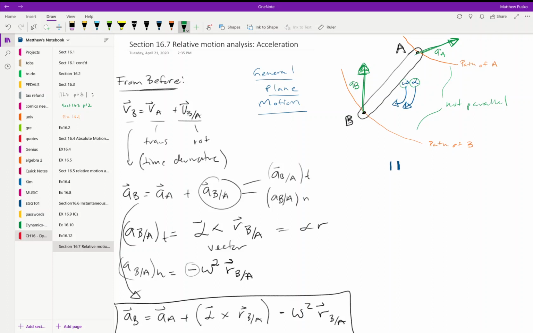Okay, if we want to describe the motion, then we can say that this is equal to a translation without a rotation.